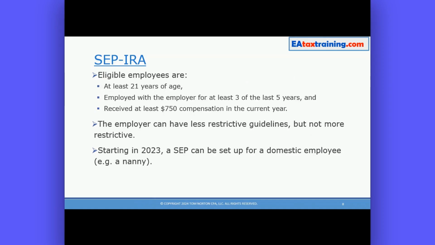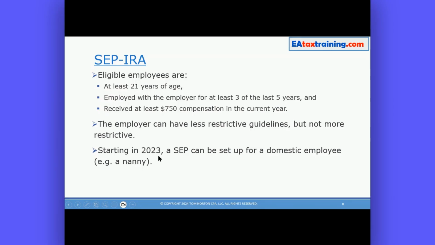So if the employer wants to allow other people who don't technically meet these requirements in, they can. So if they want to let 18-year-olds into the plan, they can, for example. Or if they want to let anybody who received wages in the current year participate, they can do that. They just cannot have more restrictive eligibility requirements than those that are listed here.